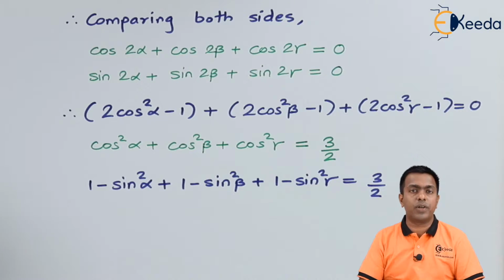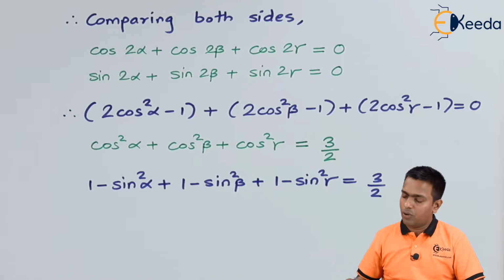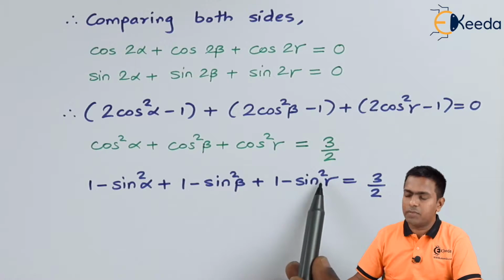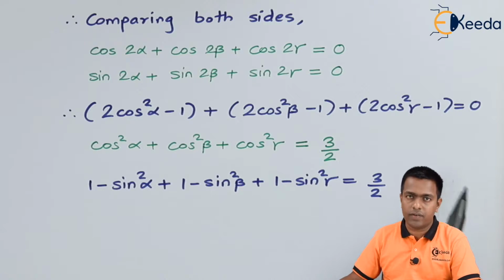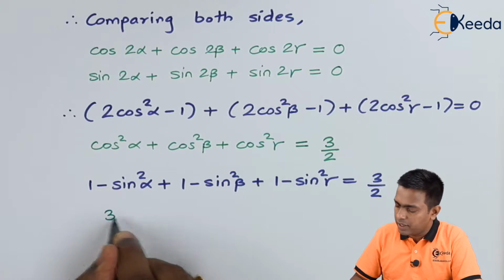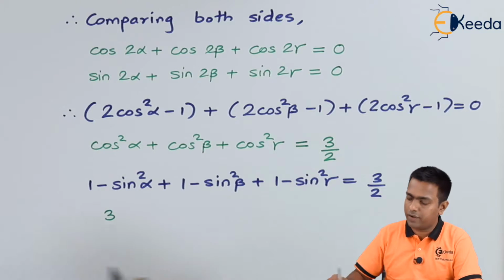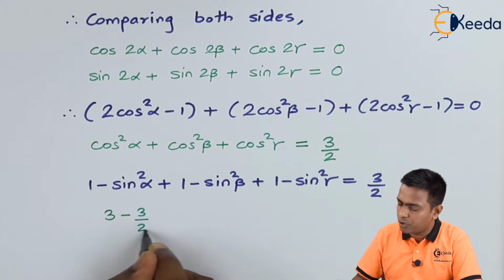So guys, here I have substituted 3 values. Now these 3 negative terms will shift to the right hand side. Those will become positive, and this 1 plus 1 plus 1 is 3, so that will become 3, and this 3 by 2 will come to the left hand side, will become minus 3 upon 2.